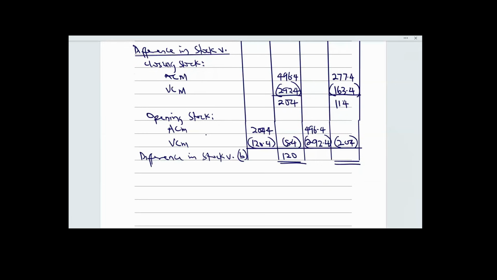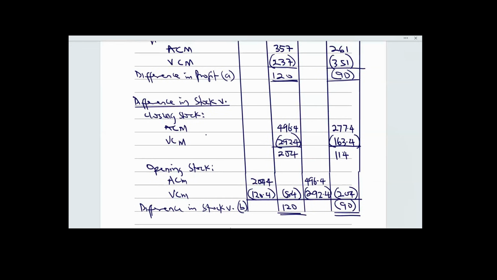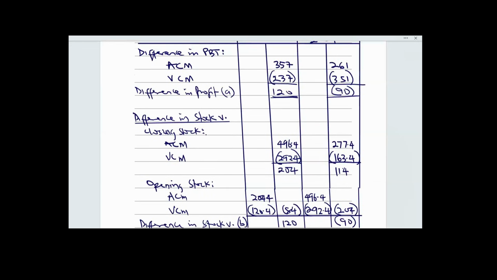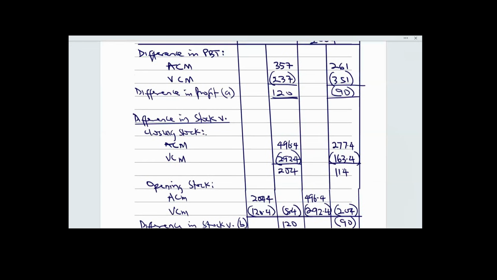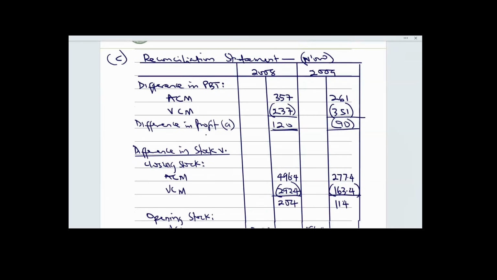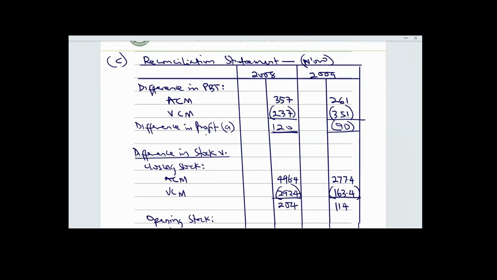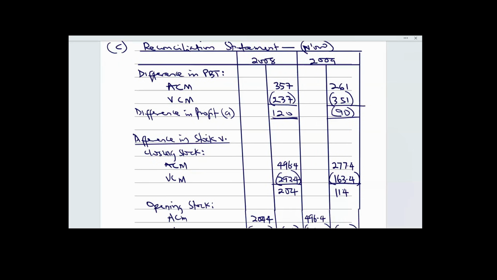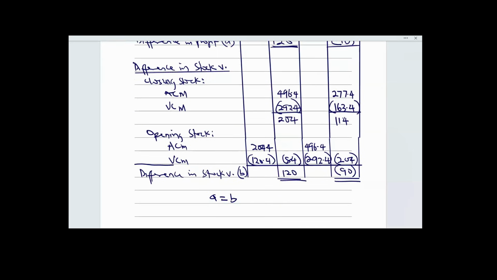So A is equal to B. The difference in profits in 2008 and 2009, of 120,000 and then negative 90,000, is the same thing as the difference in stock valuation within the same period.